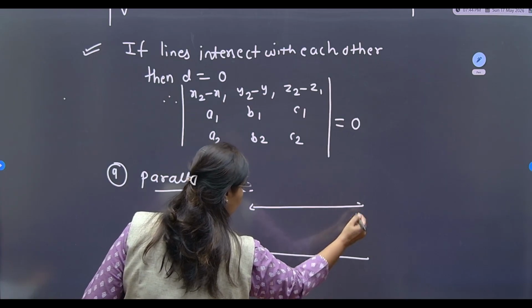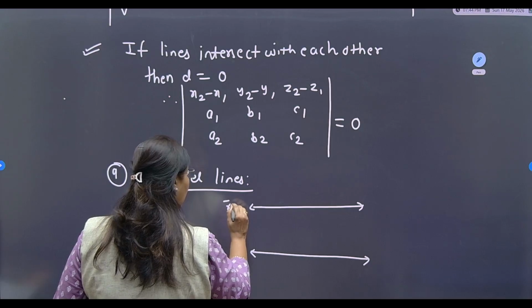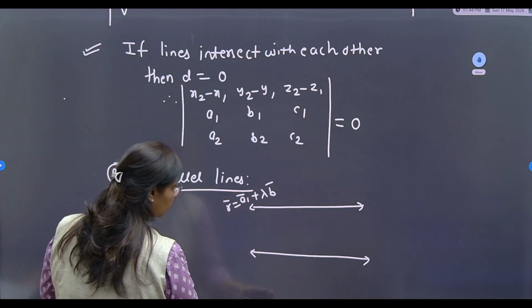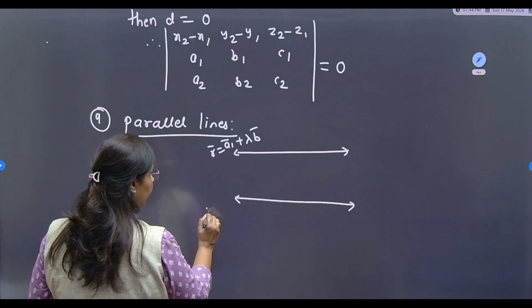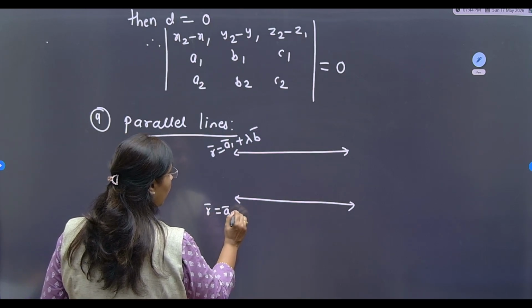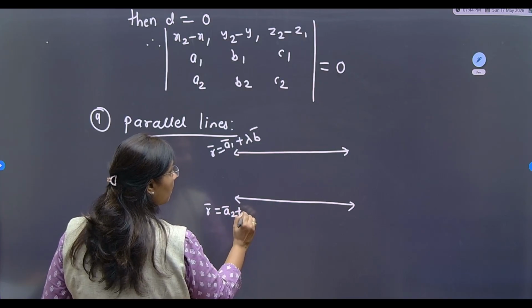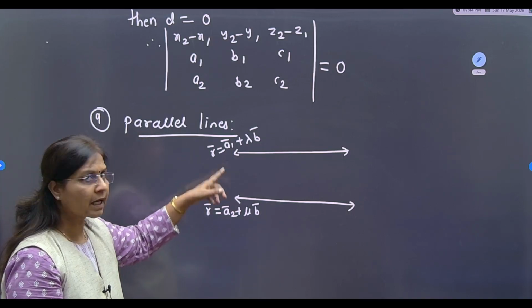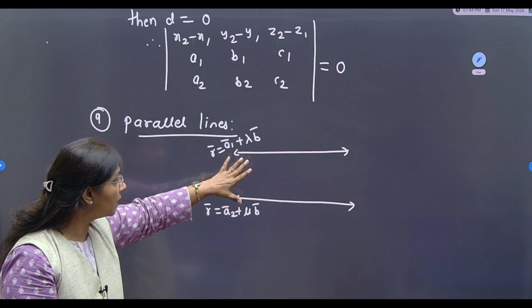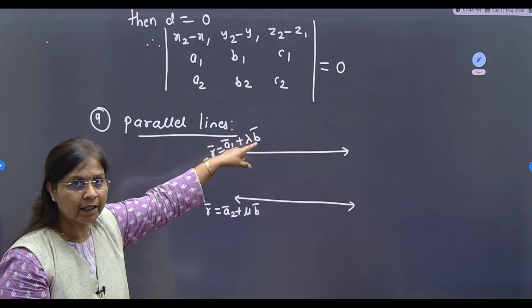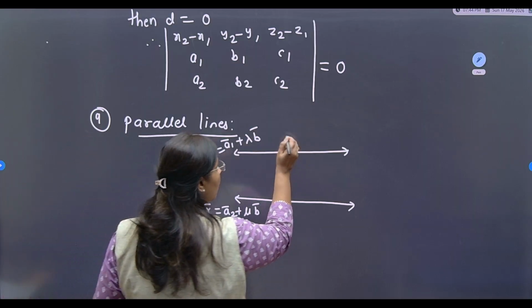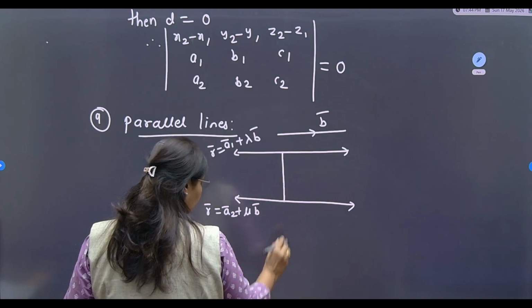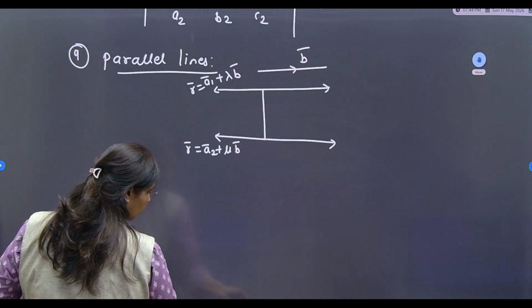Equations of two lines are r bar equals a1 bar plus lambda b bar, and the second line r bar equals a2 bar plus mu into b bar. These two lines are parallel to each other, that is, parallel to the same vector b bar. Then to find the distance between two parallel lines, we use this formula.